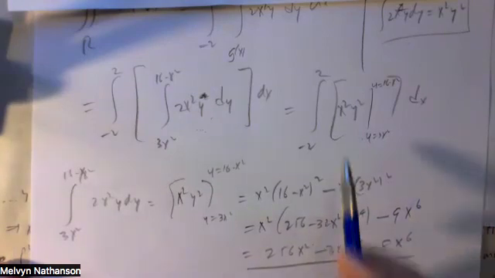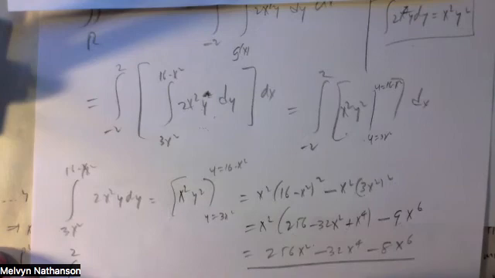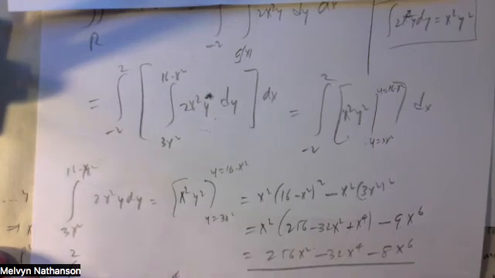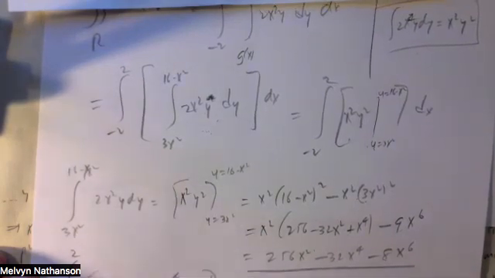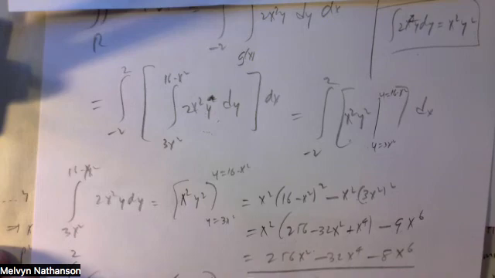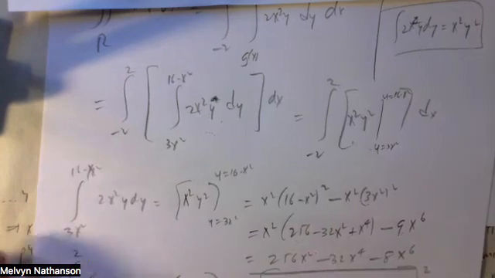And then we plug that in here. So we get the integral from -2 to 2. Plug this in. Now we integrate. We get 256 over 3 x cubed minus 32 over 5 x to the 5th minus 8 over 7 x to the 7th, evaluated from -2 to +2.